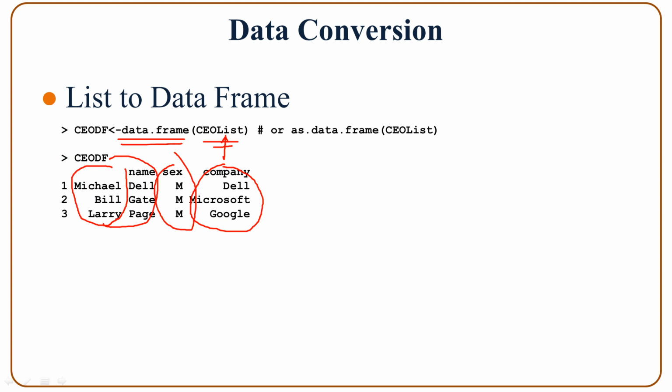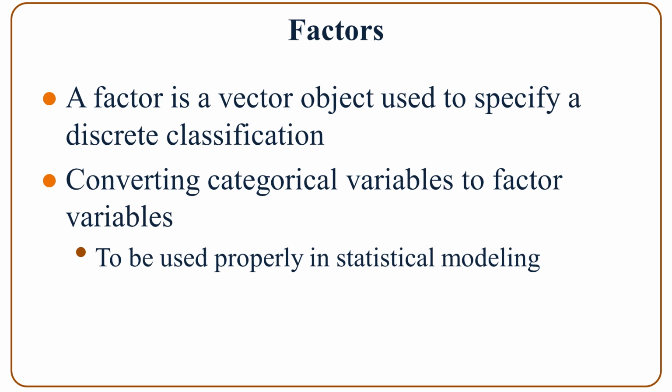Next, we talk about factors. A factor is an object used to specify a discrete classification. So if you have categorical variables, then the variables have to be factors to be used properly in statistical modeling. Now we have a look at the example.